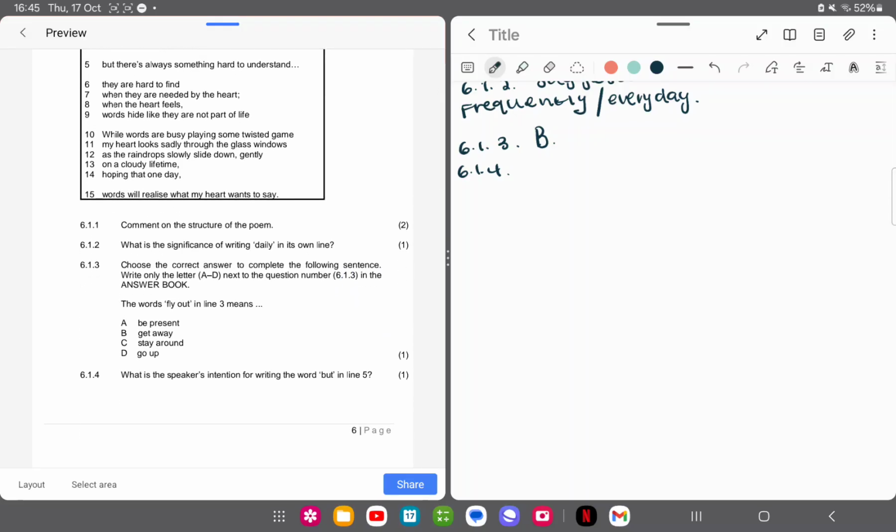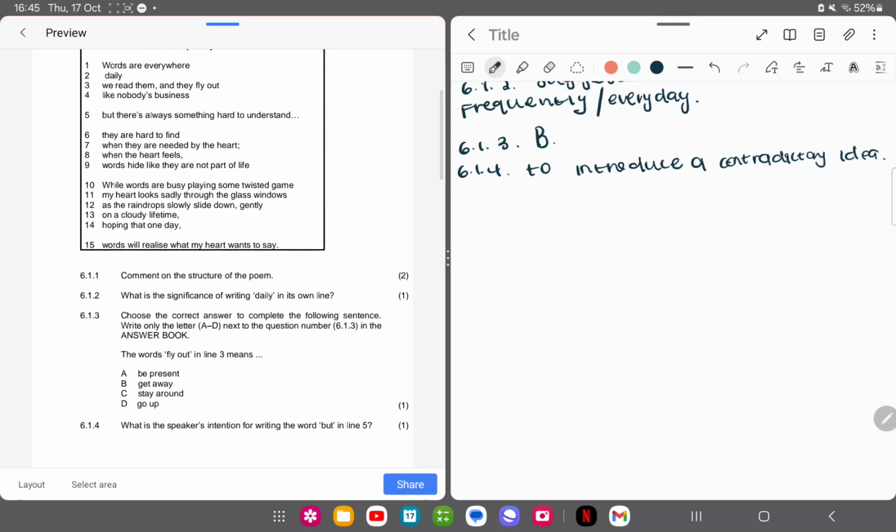So we can say that the word but is to introduce a contradictory idea. The idea is in contrast or it contradicts the first stanza.